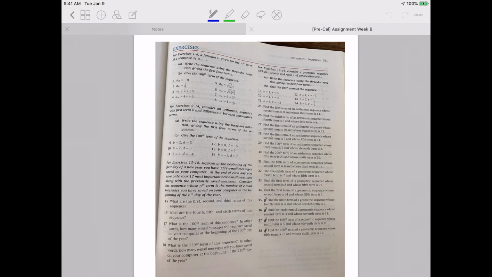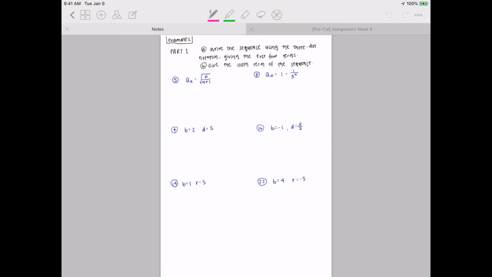You're only going to be doing the odd ones, and this section, and this section. All 3 of them are given kind of the same instructions, so I took 2 questions out of each of them and put them right here.